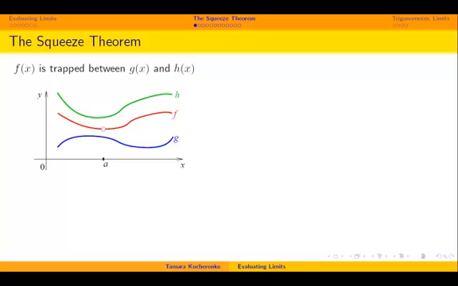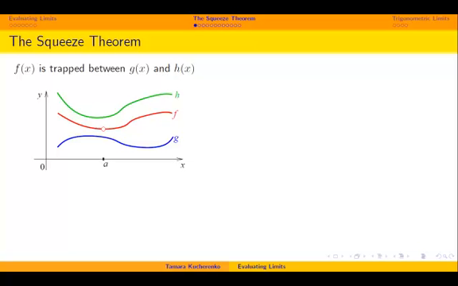Consider function f(x) that is trapped between two functions, g(x) and h(x), on some interval around x = a.